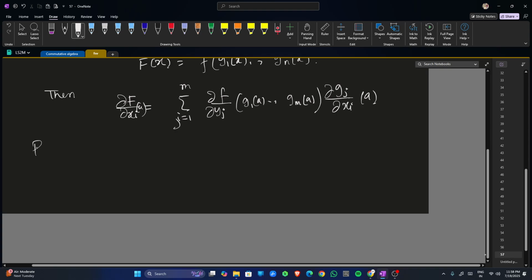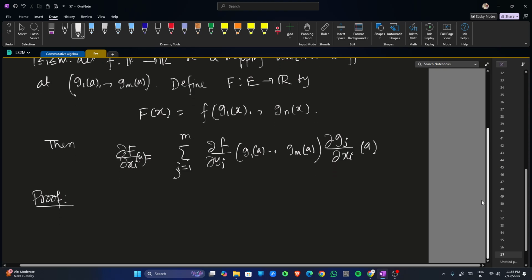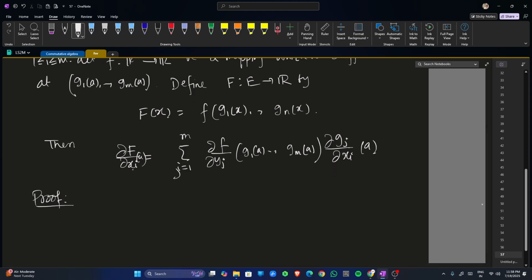Proof. You may need this formula several times, so we are proving that formula. This is just a use of the chain rule, nothing else. Define G from E to Rm by G(x) equal to g1(x), ..., gm(x).